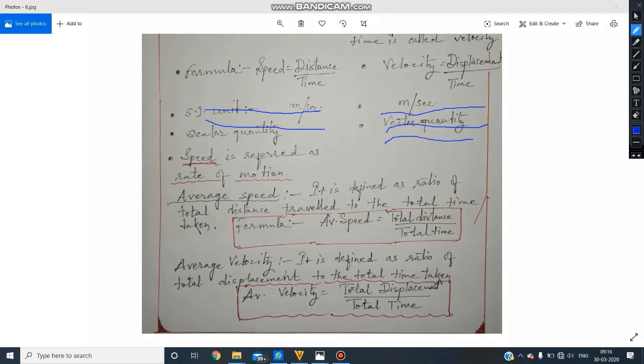The formula accordingly is average speed equals total distance by total time. Average velocity is defined as the ratio of total displacement to the total time taken. Accordingly, the formula is here. Let's now discuss a sample numerical related to this discussion in the next slide.